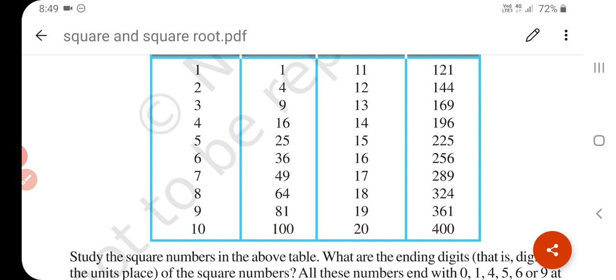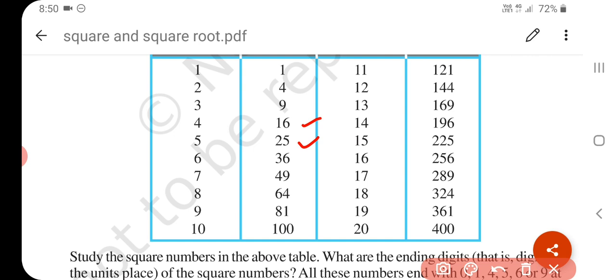See here, square of 1 is 1, square of 2 is 4, square of 3 is 9. What is the square of 4? Square of 4 is 16. What is the square of 5? Square of 5 is 25. Square of 6 is 36. Square of 7 is 49. Square of 8 is 64. Now let's see what the similarity is.